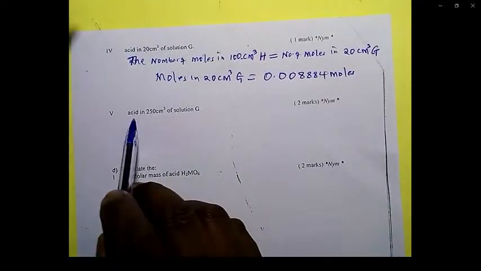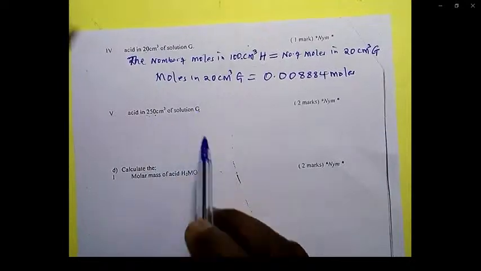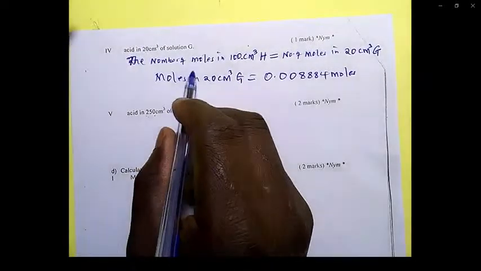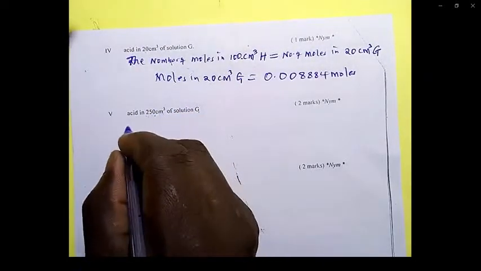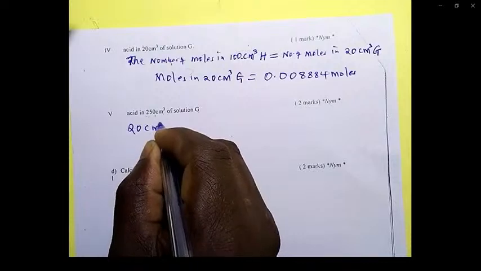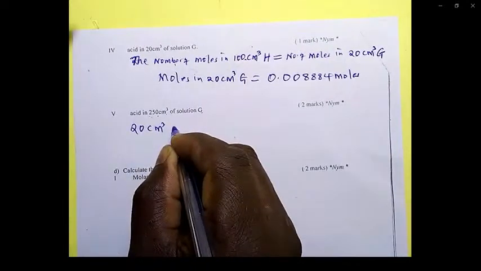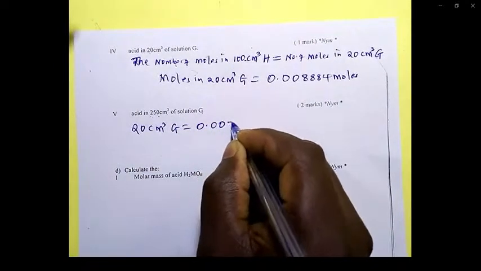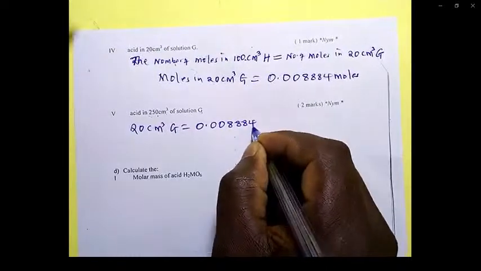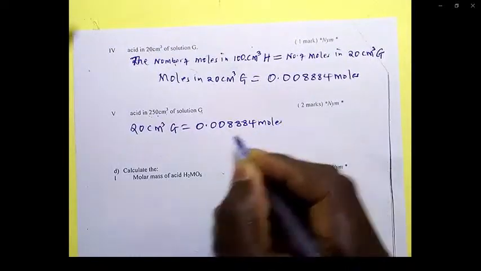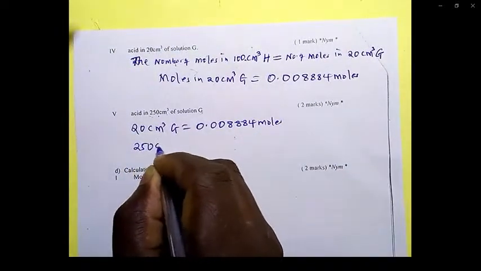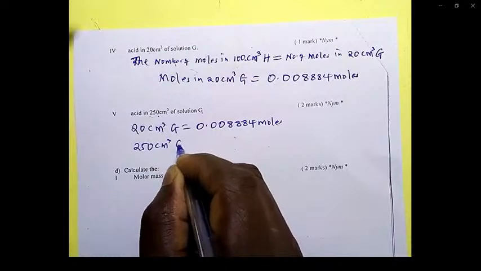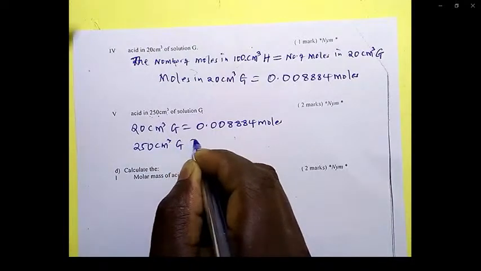Determine the number of moles in 250 centimeters cube of solution G. So we have in 20, what will be in 250? So 20 centimeters cube solution G contains 0.008884 moles. 250 centimeters cube solution G will contain which number of moles?